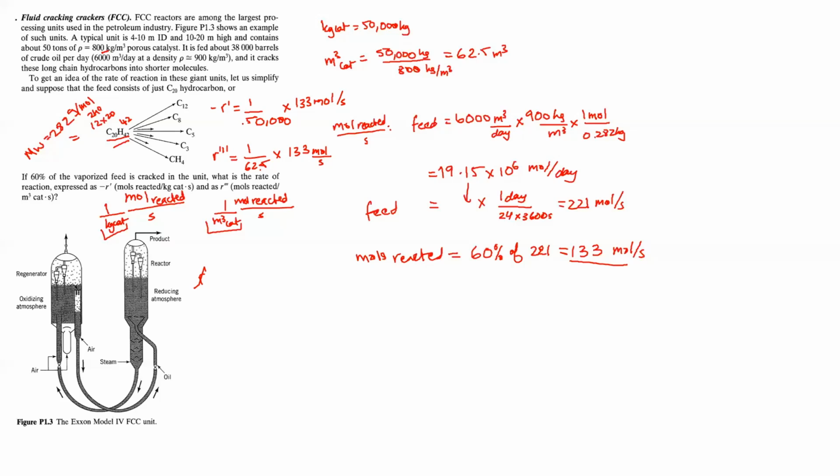And again, this is per kilograms catalyst. This is per meter cubed catalyst. And then you can calculate these numbers, just plug them in your calculator, and you will get the answer to this problem.